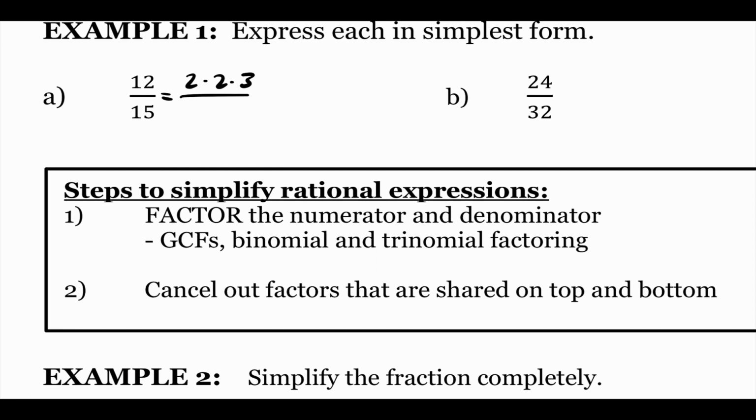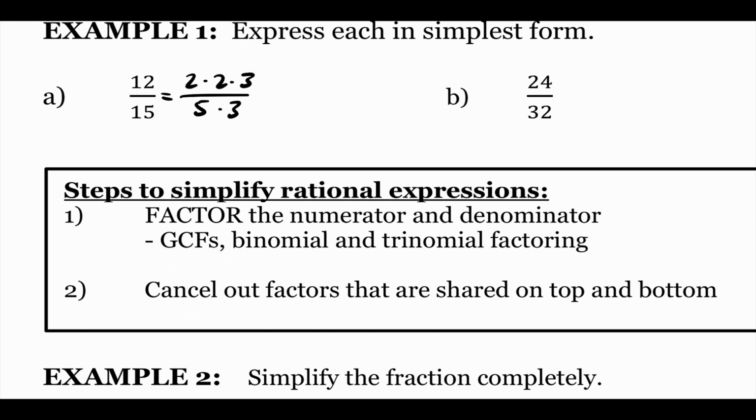Do the same thing for 15. The only way to make 15 using multiplication is what? 5 and 3, right? That's it. And it doesn't break down anymore. So 5 times 3, right?